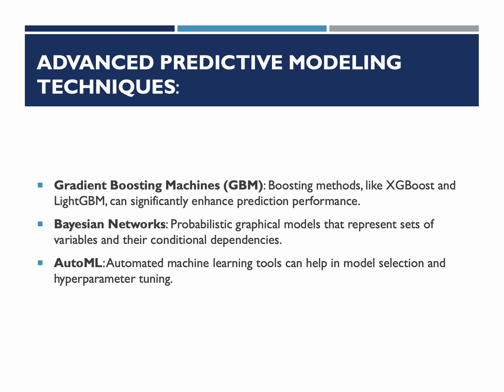Okay, third is AutoML. AutoML, which is automated machine learning, is a recent innovation that aims to automate the process of model selection and hyperparameter tuning.